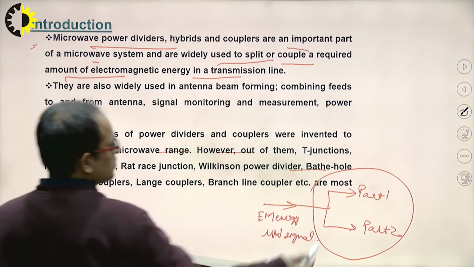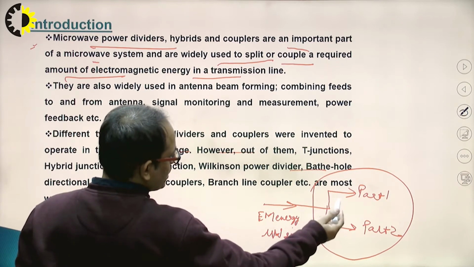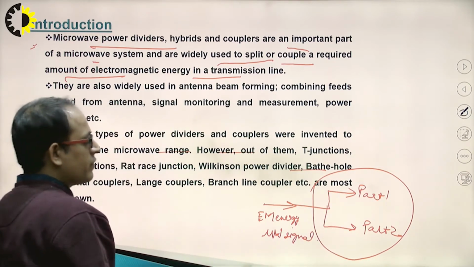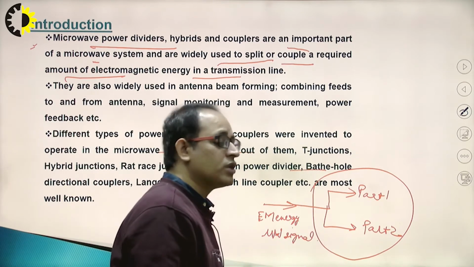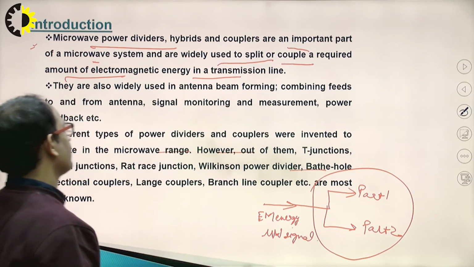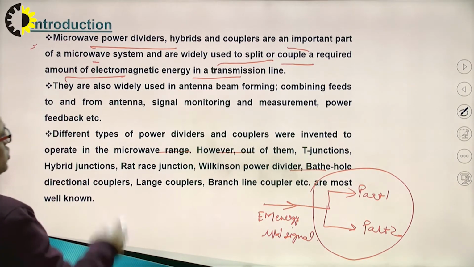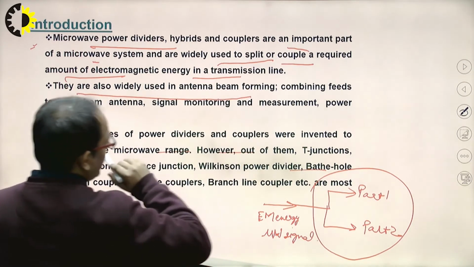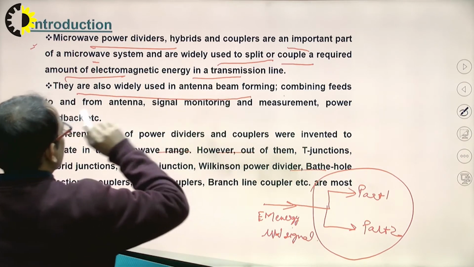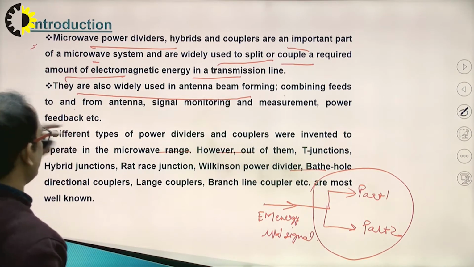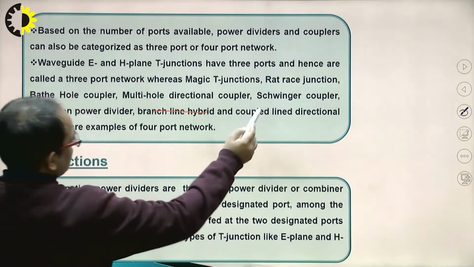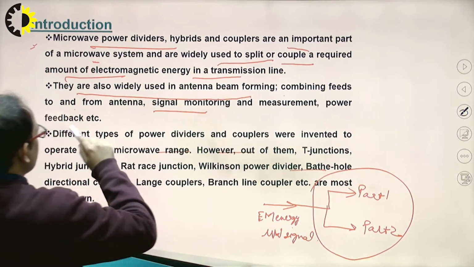Clear? This power may be divided into equal parts, 50% and 50%, or it can be divided into 25% and 75%. Clear? These are also used in antenna beam forming, combining feeds to and from antennas, signal monitoring, measurement and power feedback.